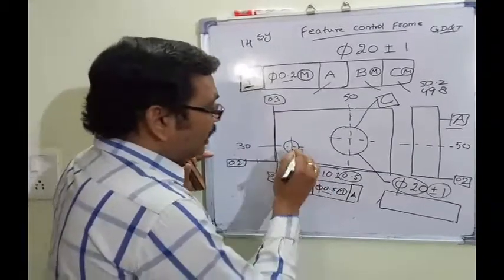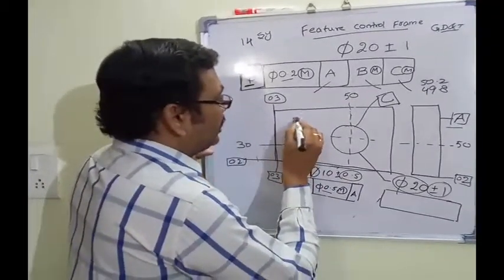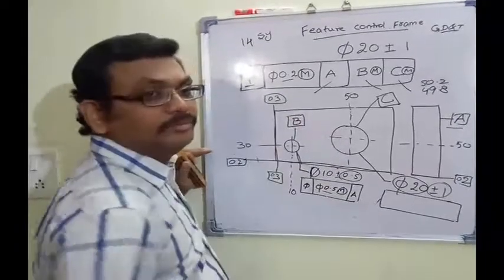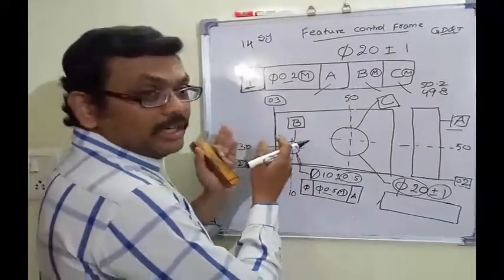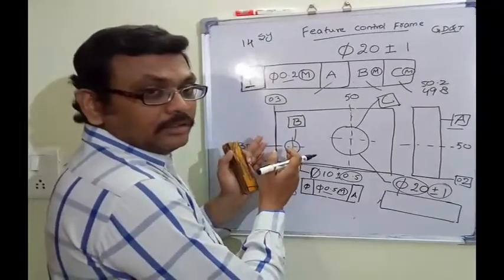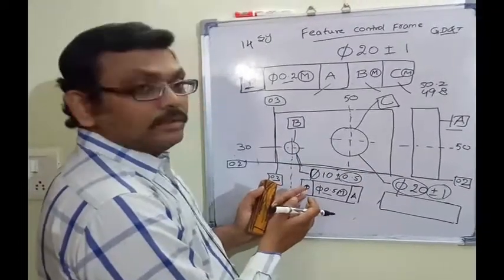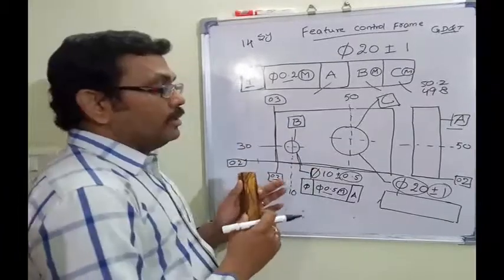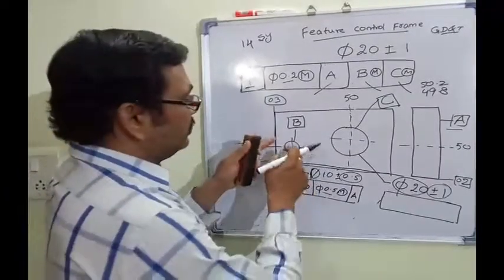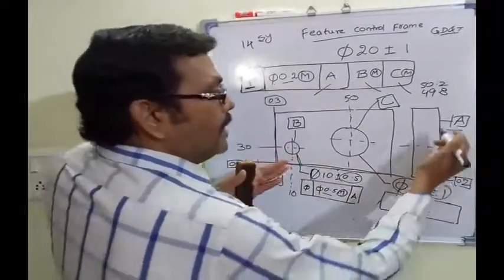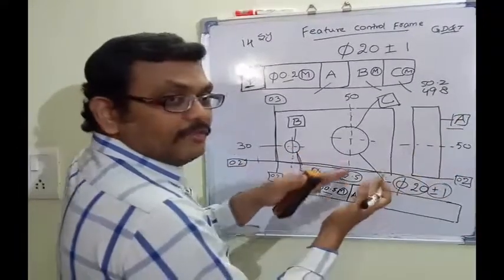Now, with the rest, I have taken this as datum B because this hole is already there. I have made this hole with respect to datum A. Now I am taking B, right? So I will make this surface datum A and fix it.